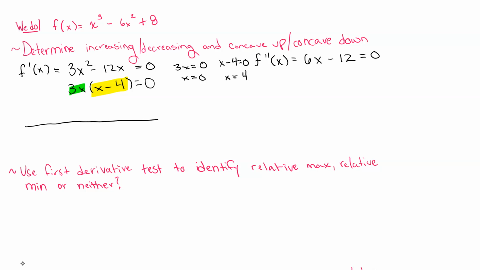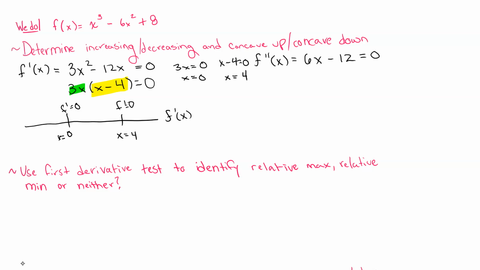Now we do that number line business with the first derivative. We're going to check values on either side of our critical points. Right, so remember our derivative equals 0 at these points, and we're trying to figure out increasing, decreasing. So we're going to be looking at our derivative on each side.